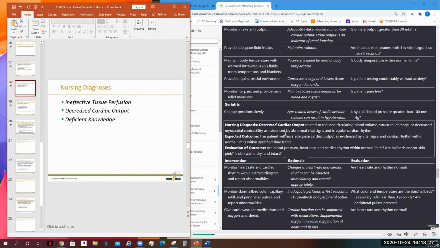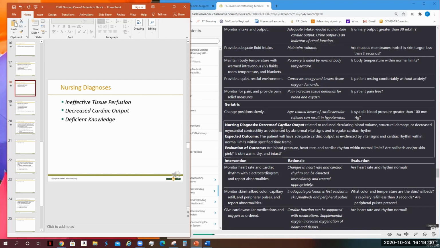Nursing diagnosis: decreased cardiac output related to reduced circulating blood volume, structural damage, or decreased myocardial contractility as evidenced by abnormal vital signs and irregular cardiac rhythm. Expected outcome: the patient will have adequate cardiac output as evidenced by vital signs and cardiac rhythm within normal limits over a specified time frame.